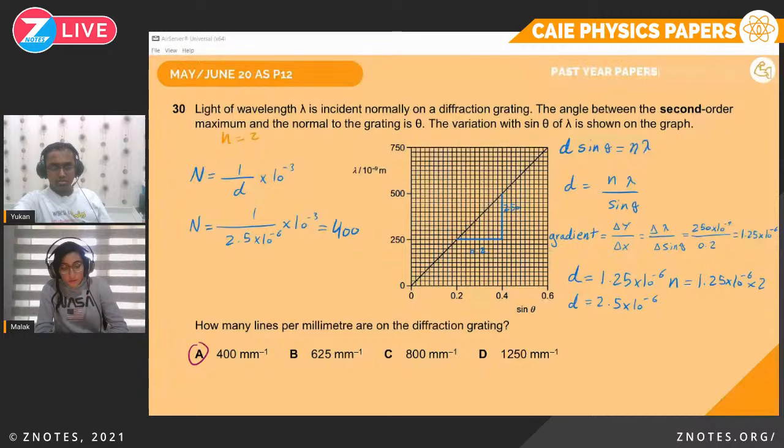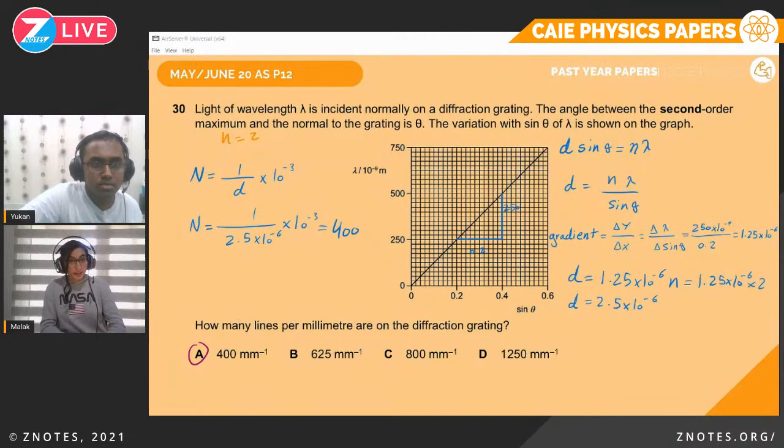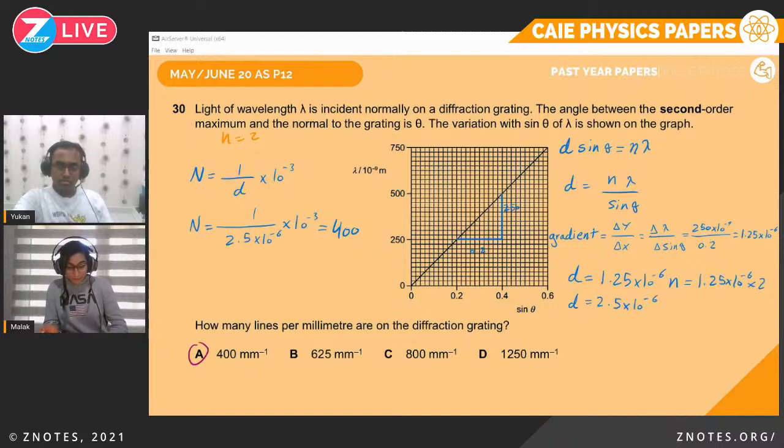The variation of sine theta with lambda is shown on the graph. So now we have over here lambda, and over here sine theta. So now we know the equation. We know, of course, the equation d sine theta equals n lambda. So if we isolate d, d equals n lambda over sine theta, right?